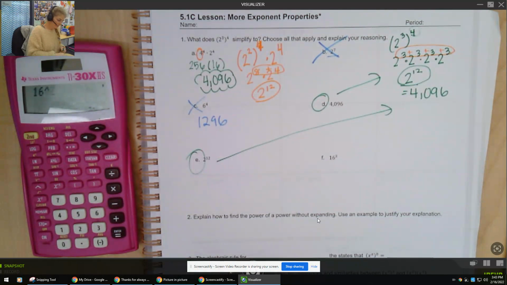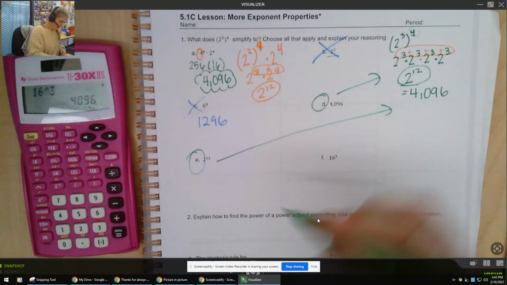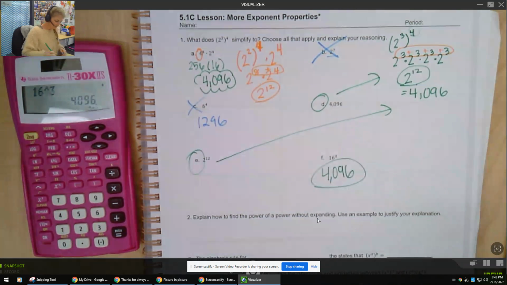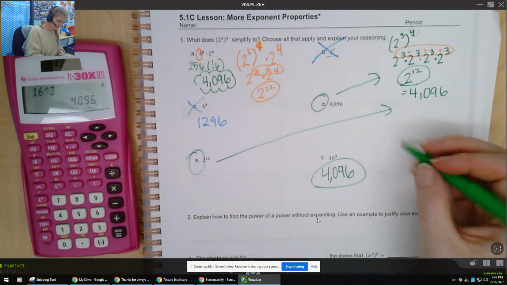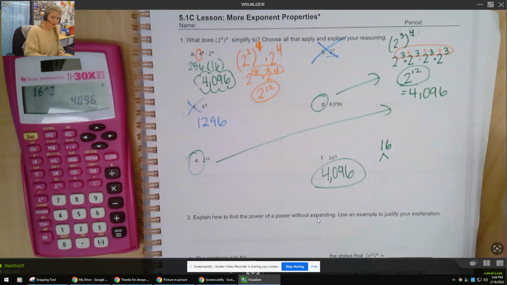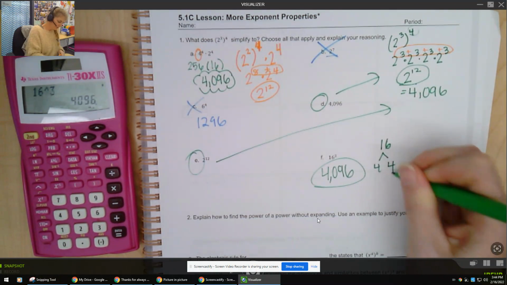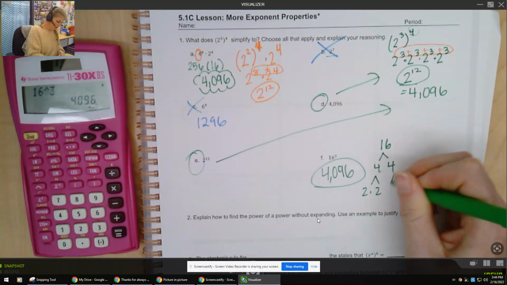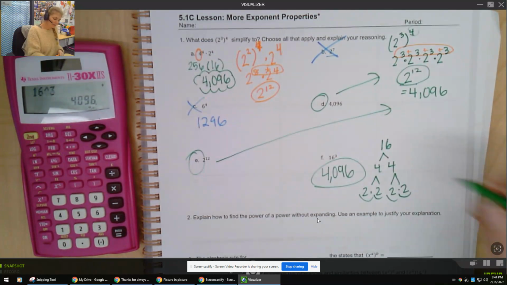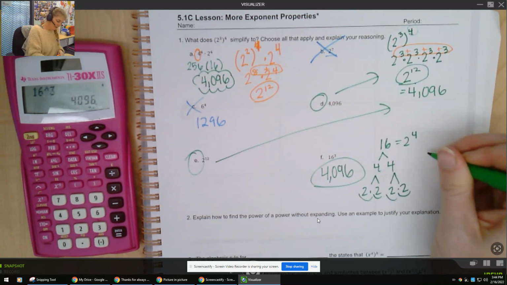16 and then that caret button, and then our exponent is 3, is also 4,096. And it's 4,096 because if you look at 16 and make a quick factor tree, 16 is 4 times 4, which is 2 times 2 times 2 times 2. So I know I can rewrite 16 as 2 to the 4th power.